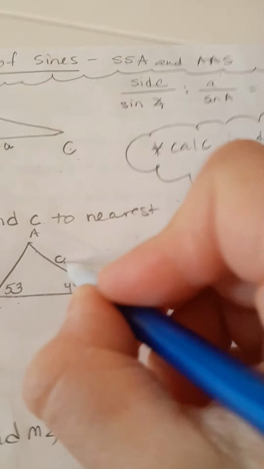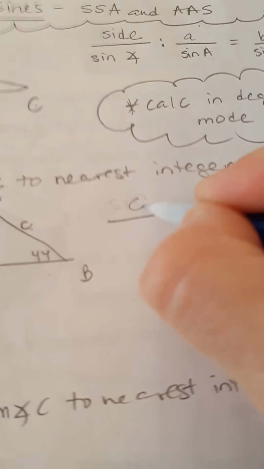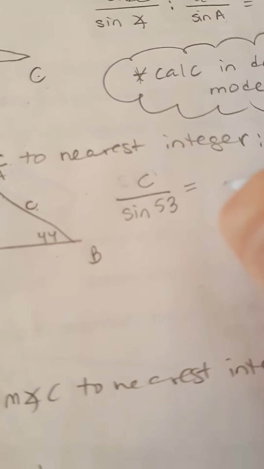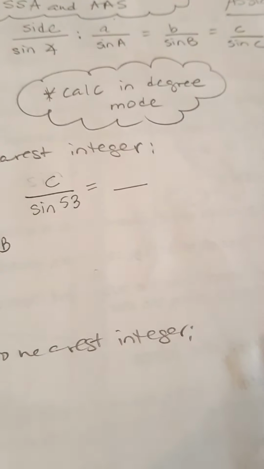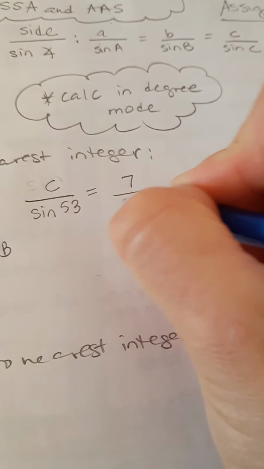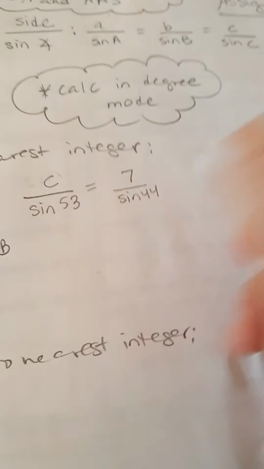I have side c divided by the sine of 53 equal to 7 divided by the sine of 44. You're just doing two fractions equal to each other.